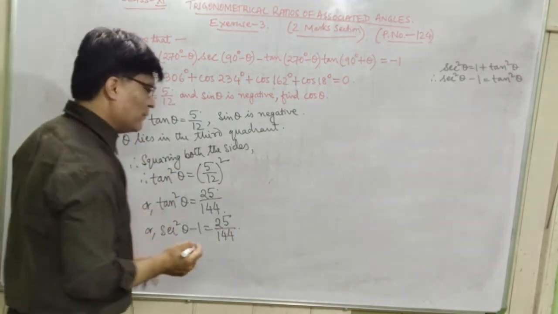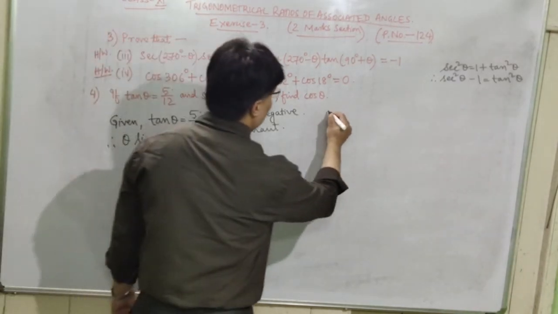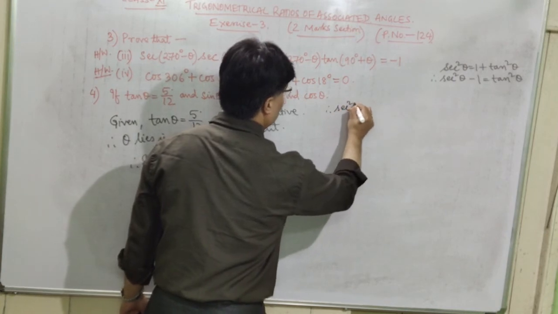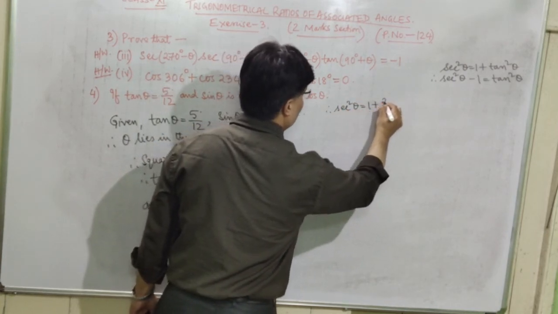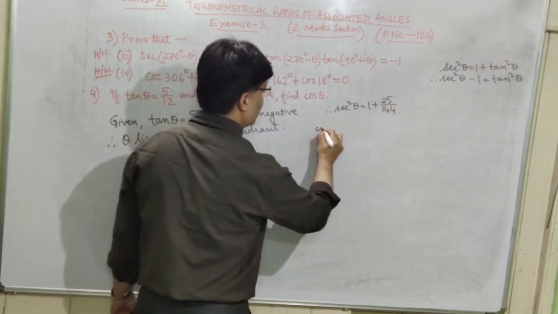So now let us take the 1 to the right hand side. Therefore, sec square theta is equal to 1 plus 25 divided by 144.